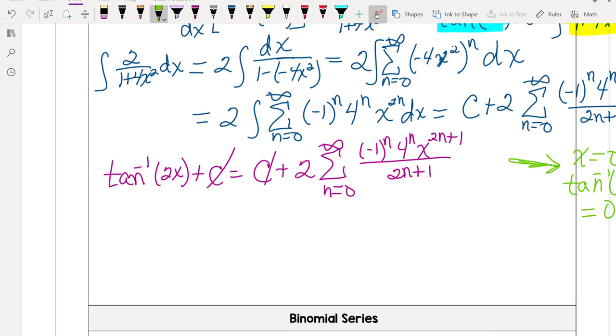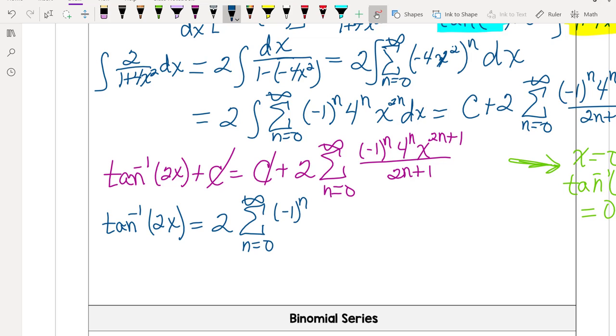So now we just have our function. Inverse tangent of 2x is going to equal 2 times the summation of n equals 0 to infinity of -1 to the n, 4 to the n, x to the 2n plus 1, all over 2n plus 1.